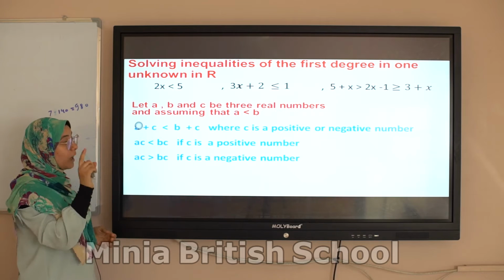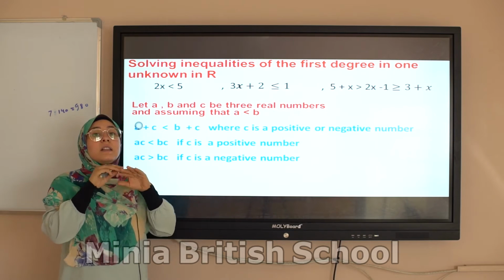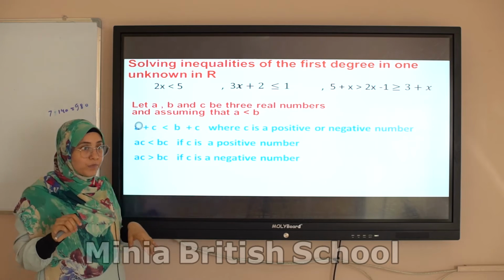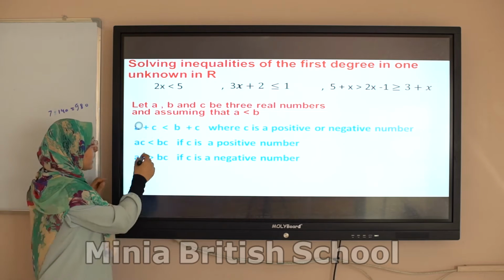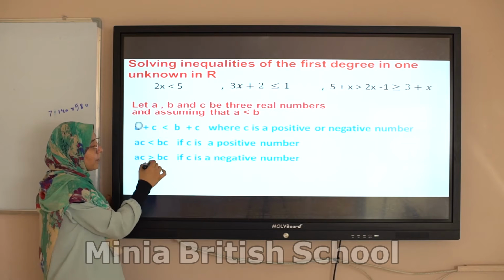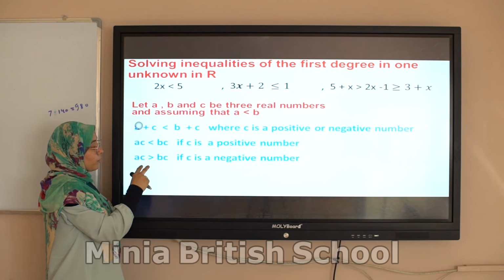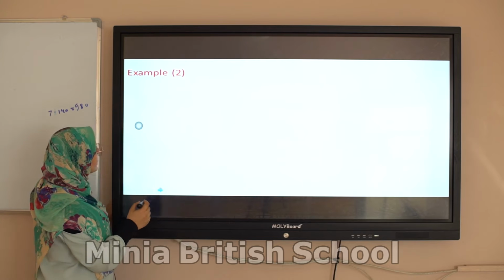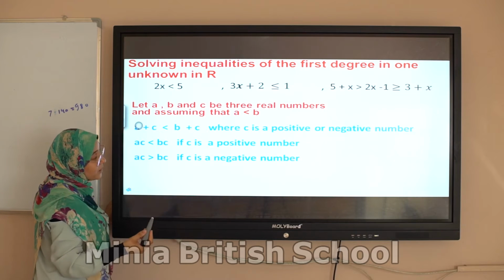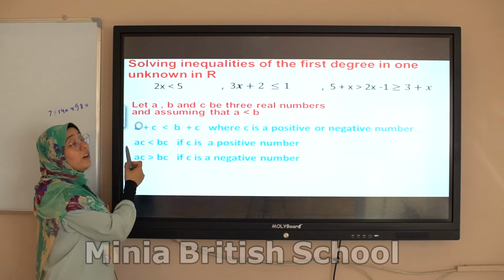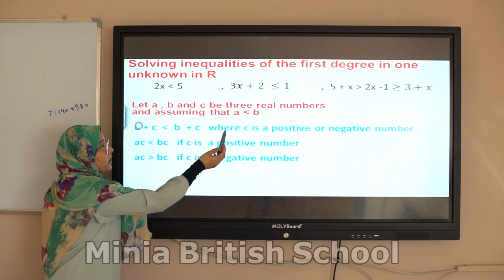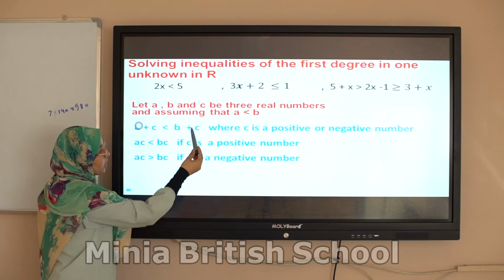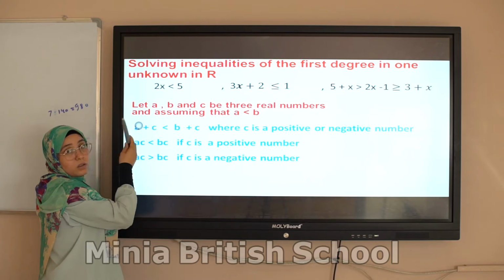But if C is a negative number, and I multiply both sides of the inequality by C, we get AC greater than BC, okay?